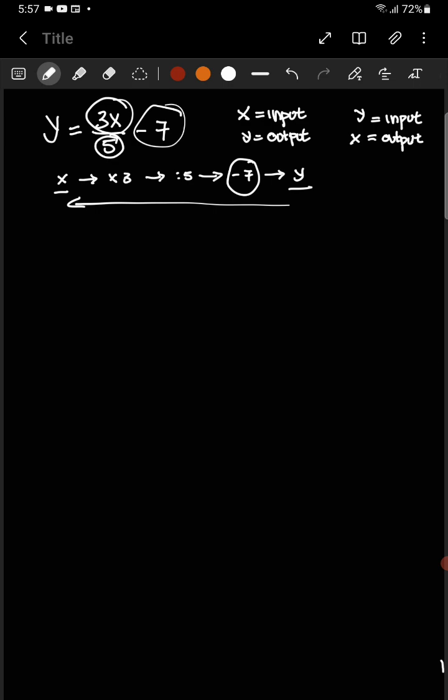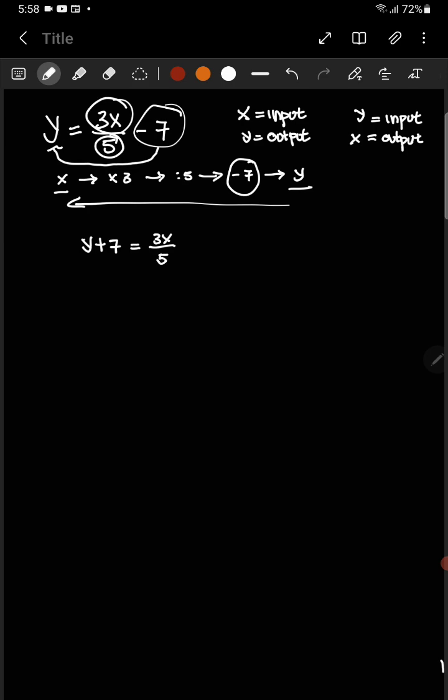So look here, y, and then I have minus 7. What is the inverse operation of minus? Plus, right? So I will write it y plus 7. You move it to the left, and it becomes y plus 7 is equal to 3x over 5. Correct?